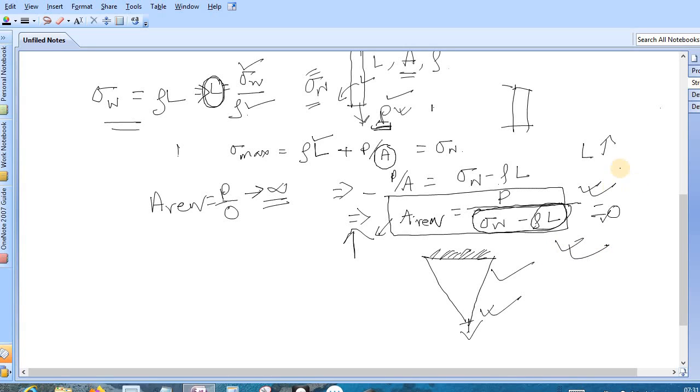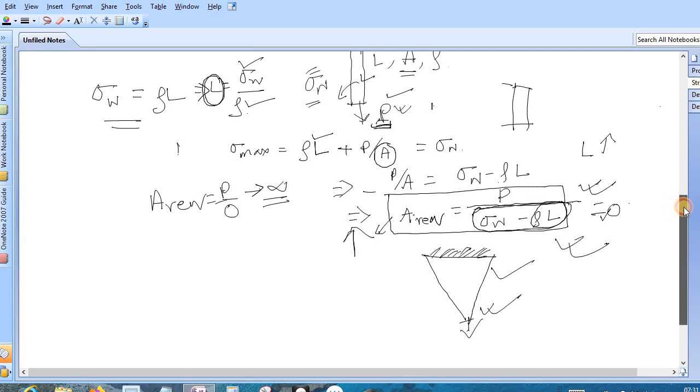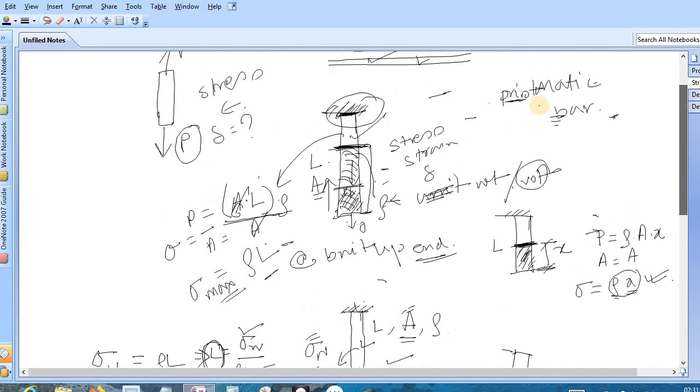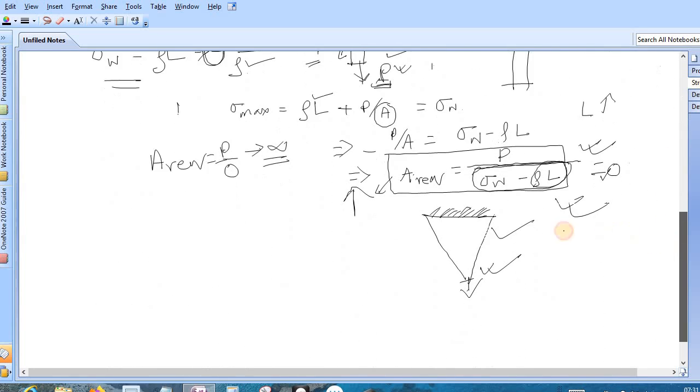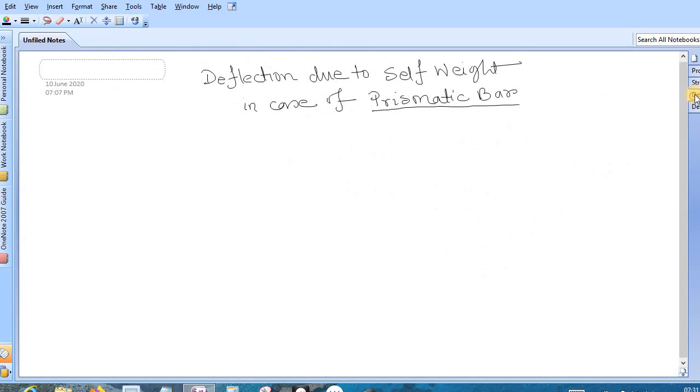Now you have to find the deflection which actually occurs due to this self weight. We have to find it for both cases. The first one is when the section is prismatic, and the second case is when the section is non-prismatic. Clear? So first find this deflection due to self weight in the case of a prismatic bar.